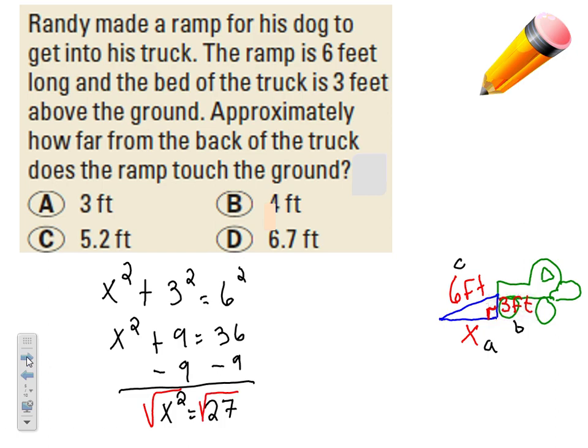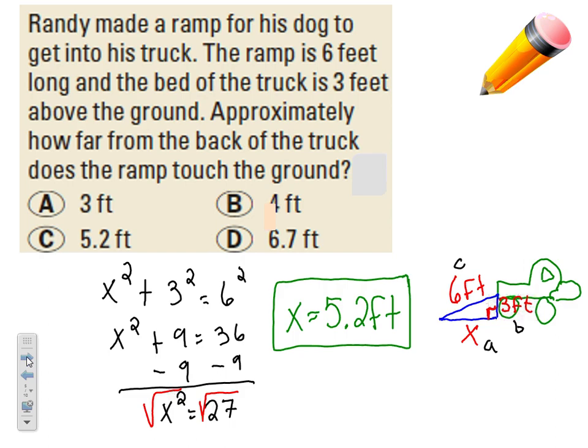We want this in terms of feet because it's going to make more sense to us. So x equals 5.2 feet, and that, ladies and gentlemen, is our answer. If you're looking at this, it would be C.